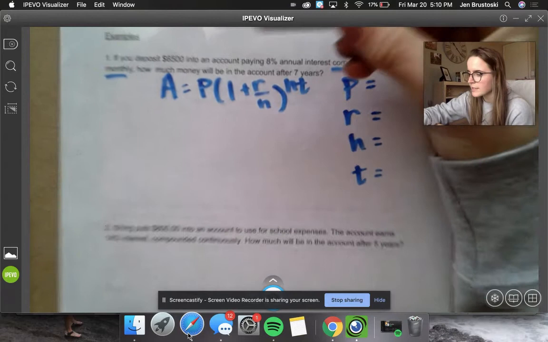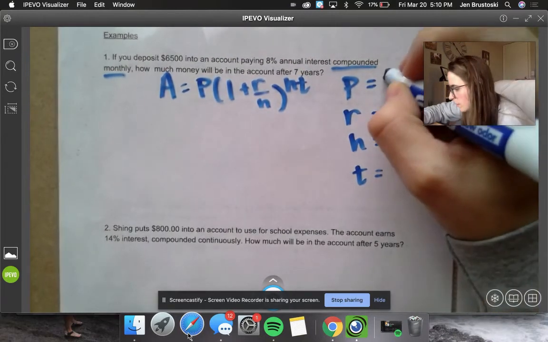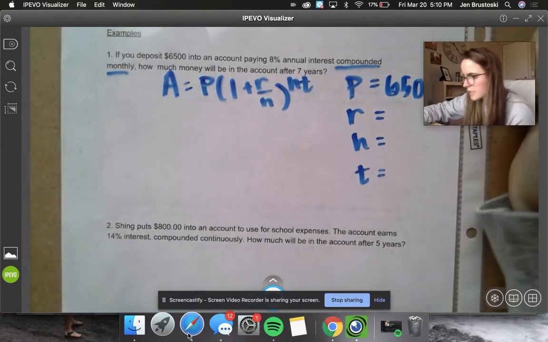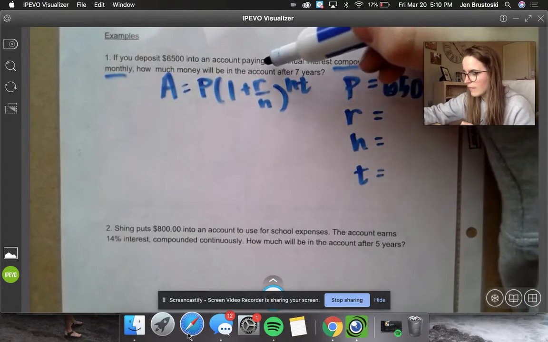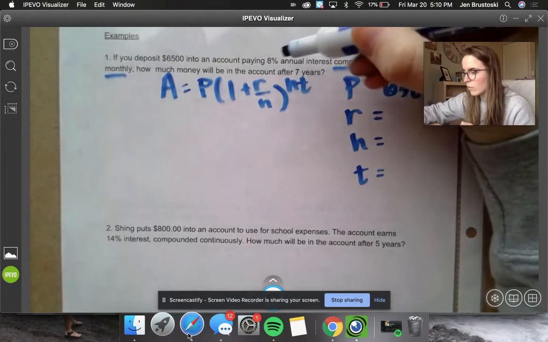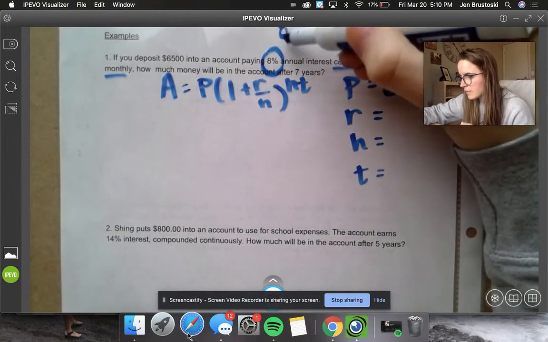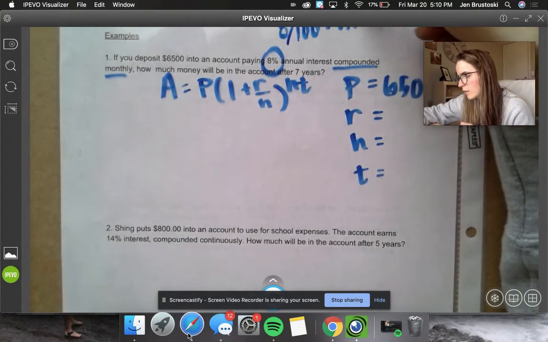If we're depositing money into the account, that's going to be our initial amount because it's our deposit amount. That'll be $6,500. We have 8% annual interest, so what we're going to do is we're going to take this 8 and do 8 divided by 100, and that's going to give us 0.08.